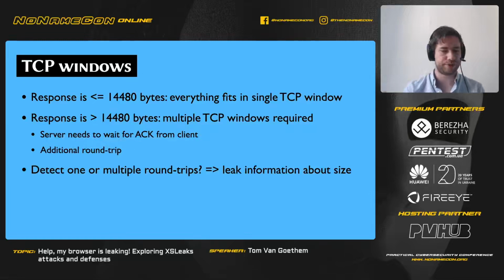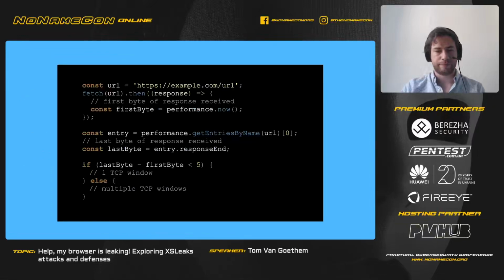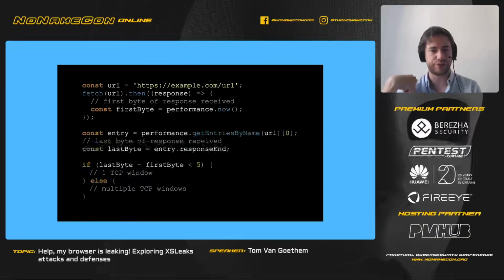So if we have some kind of mechanism to detect whether one or multiple round trips were required, we can leak information about the size of the response. And that's exactly what we will do here. So we fetch this first URL, and when this promise resolves, we know that the first byte of the response has been received.